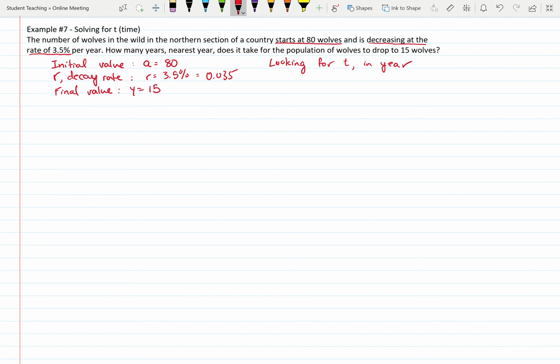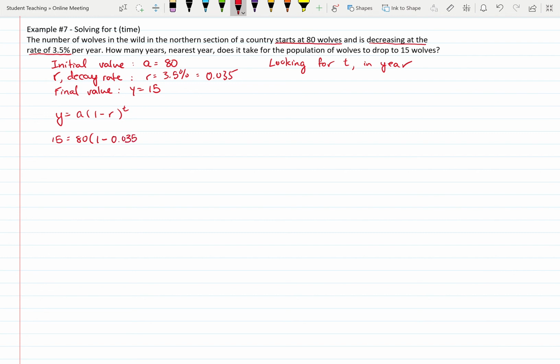So let's set up the function. We need to use the decay function this time. y equal to a times (1 minus r) raised to t. That is 15 equal to 80 times (1 minus 0.035) to the t.